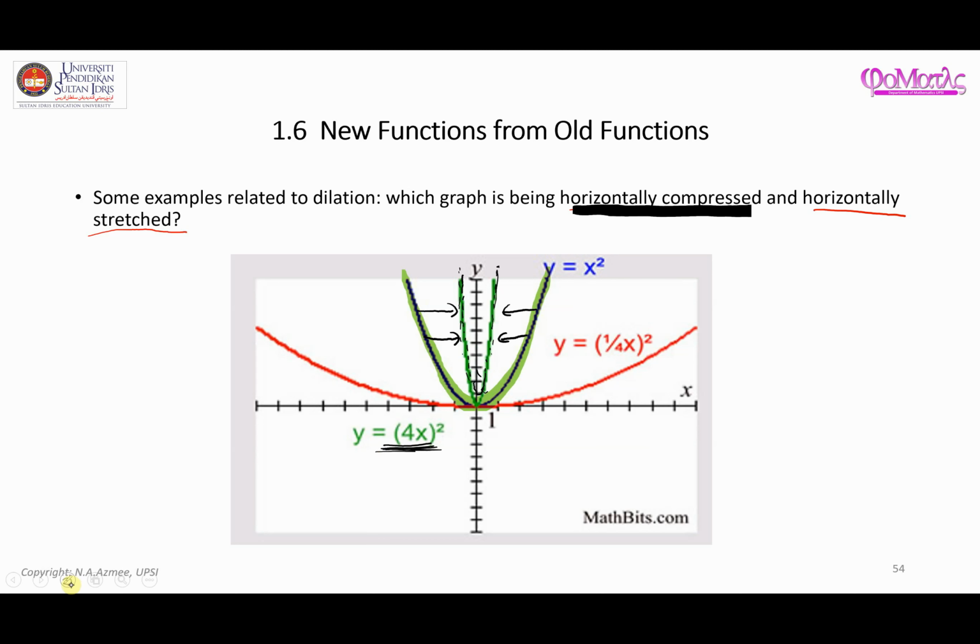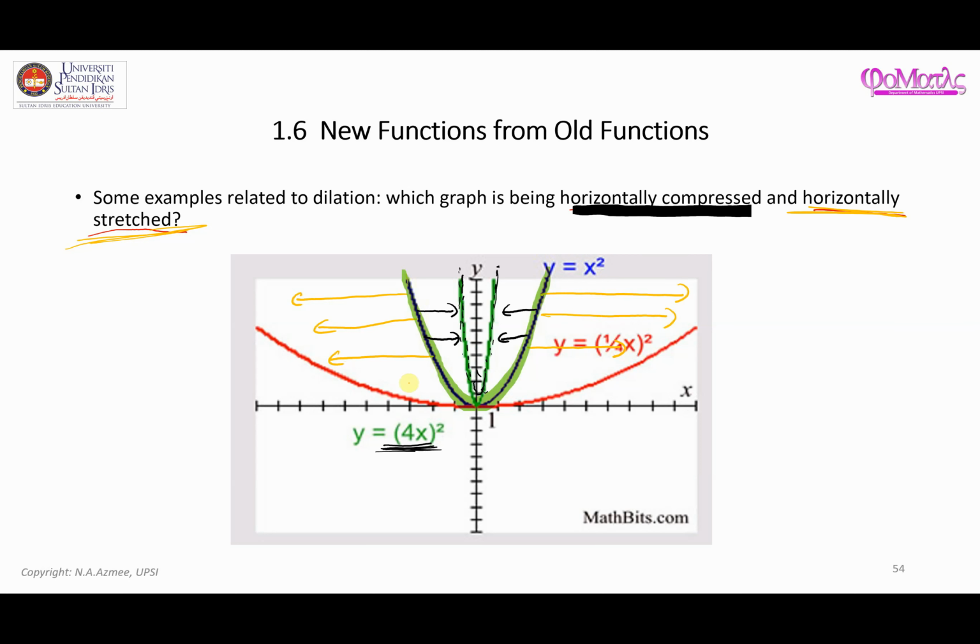Now, if you talk about horizontally stretched, you can imagine that this is the graph and it is stretched in both directions, which is it is stretched outwards in this direction. It is also stretched in this direction. So all the points here will be stretched. This point will also be stretched.